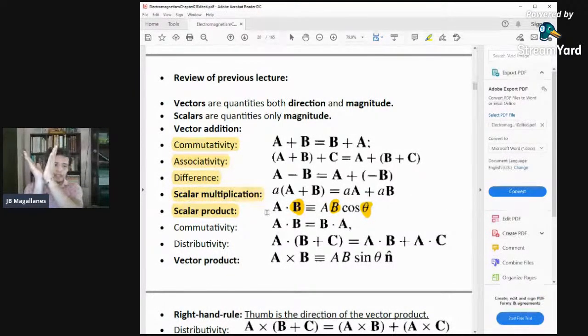So like this. So if the angle is wide, this is the scalar product. If the angle is small, this is the scalar product.